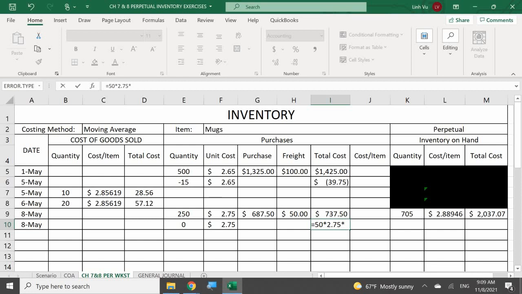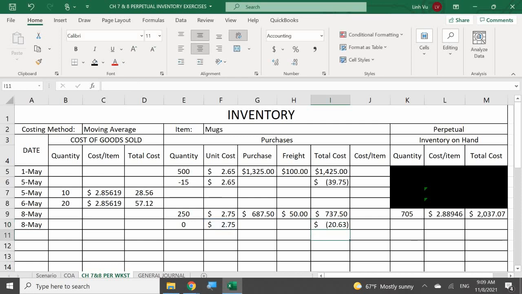However, I am getting a 15% discount. So what is my total amount here? Actually, let me redo that formula. It's negative 50 at 2.75 times 15%. How much am I supposed to be getting back as my 15% discount?